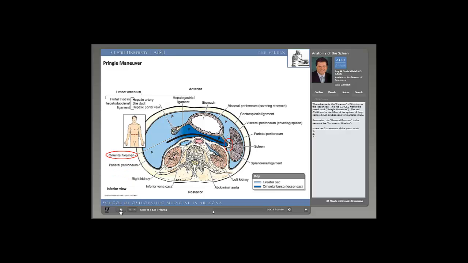At surgery, if massive bleeding is encountered from the hepatic portal vein or from the hepatic artery, the surgeon can put his fingers into the foramen of Winslow and compress the portal triad to stop bleeding temporarily. The red ellipse near the hilum of the spleen is where we put our clamps to perform a splenectomy and hopefully avoid the tail of the pancreas in doing so.